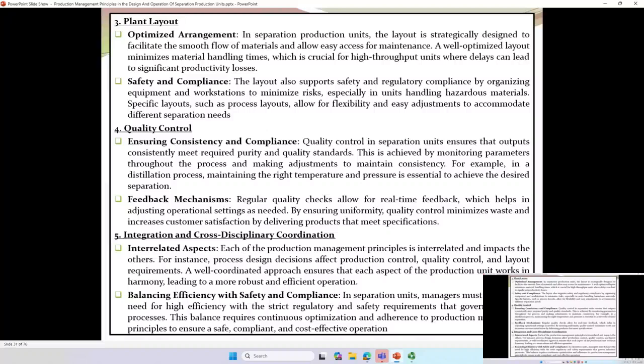So this has to do with what? Optimized arrangement. In separation units, the layout is very important. And the layout, to a larger extent, determines how frequently you will have accidents. How frequent you will have reports on accidents in your production unit.